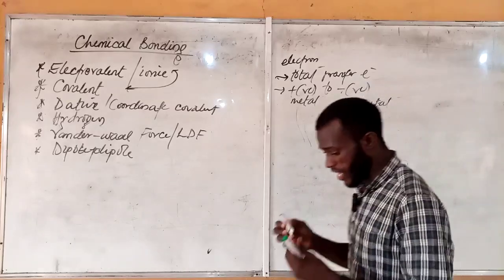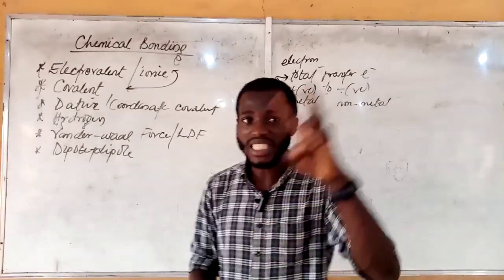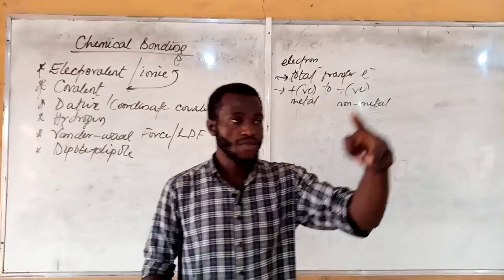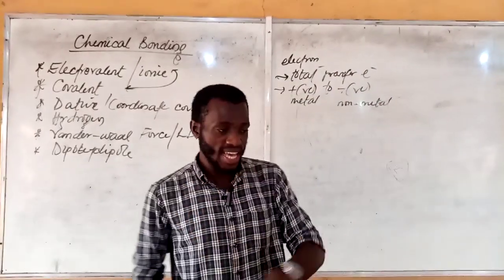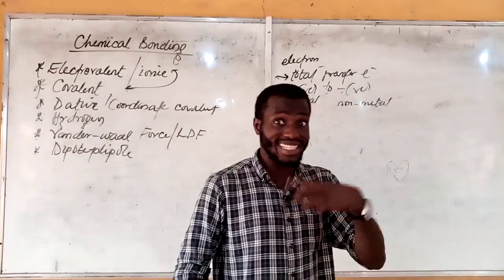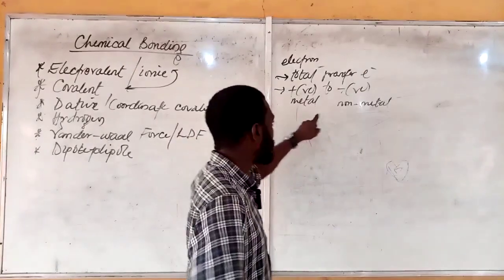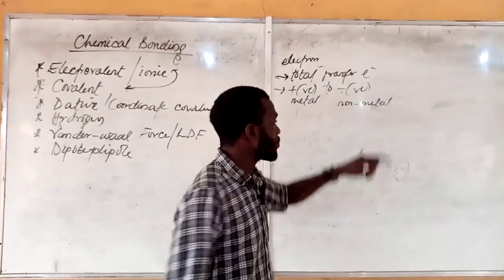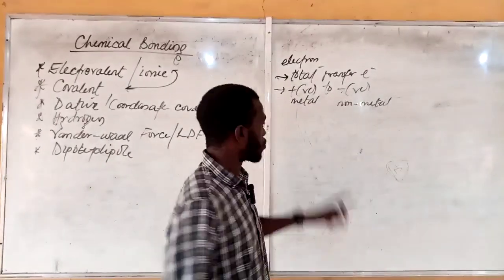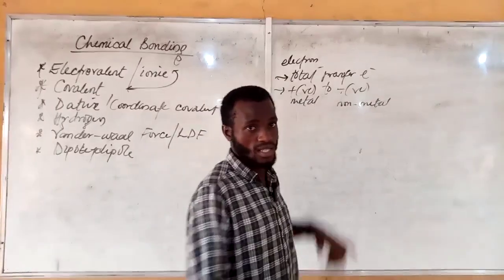The transfer of electrons usually happens between the metal and the non-metal. The metal is electropositive, hence it has much excess electron to transfer over to the non-metal, which has less electrons. So it's going to transfer electrons to this one.